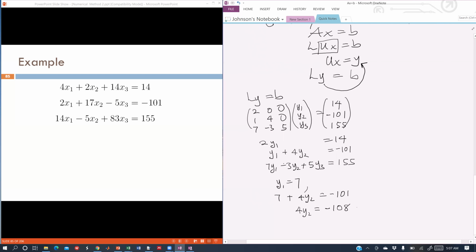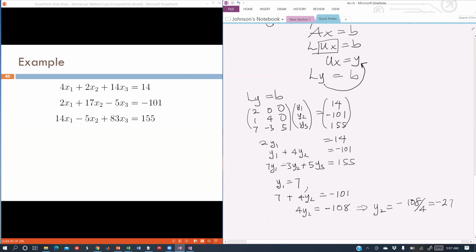So my y2 is minus 108 on 4, and that gives me minus 27 as the value for y2.